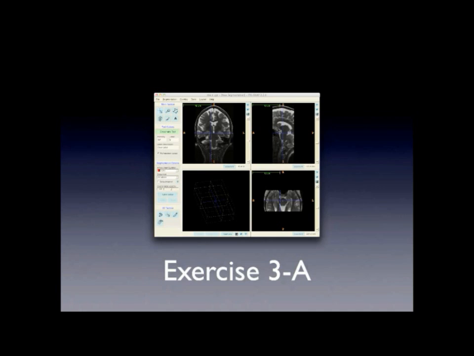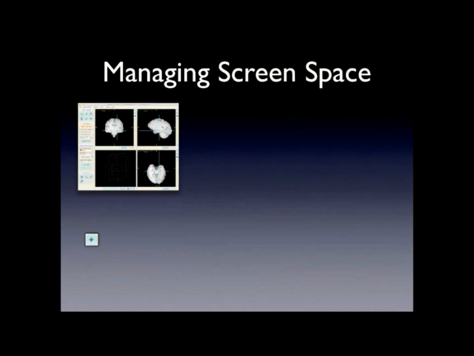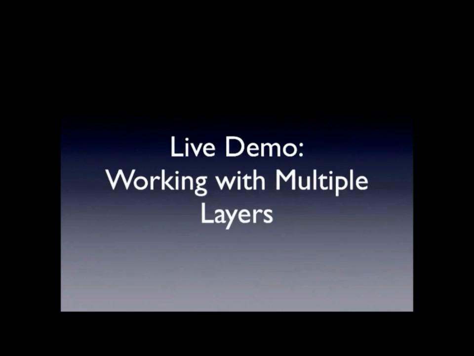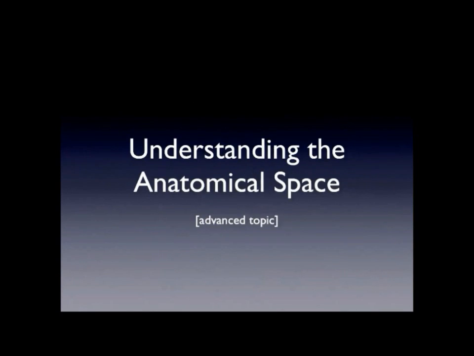You can find it at the first red little insert in your handout. For those of you interested in some of the more advanced features, I just wanted to take the next 10 minutes to talk about them.